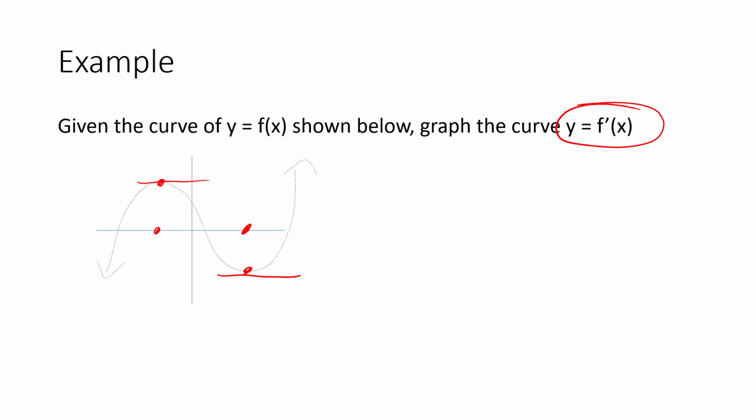Now, in between those two values, I see that I've got a negative slope all the way. Well, they're saying to me, make sure that your y coordinate is equal to that slope. So they're basically telling me, make sure I've got some negative y values in between. And I can draw those.